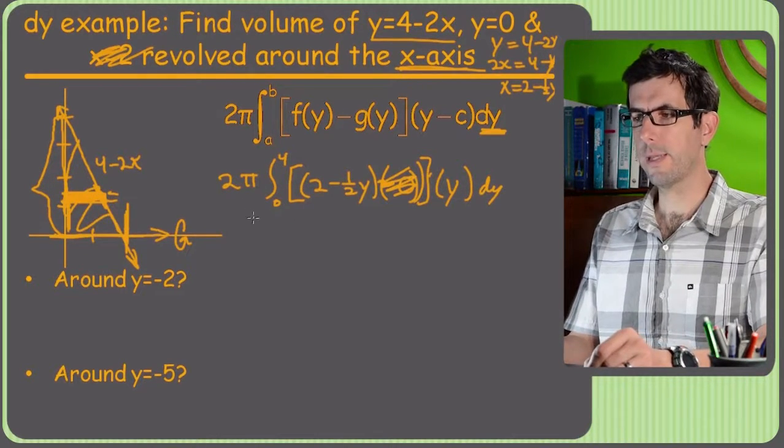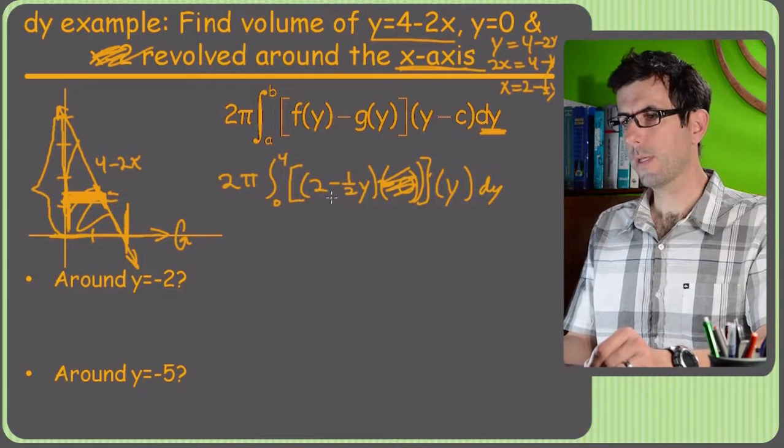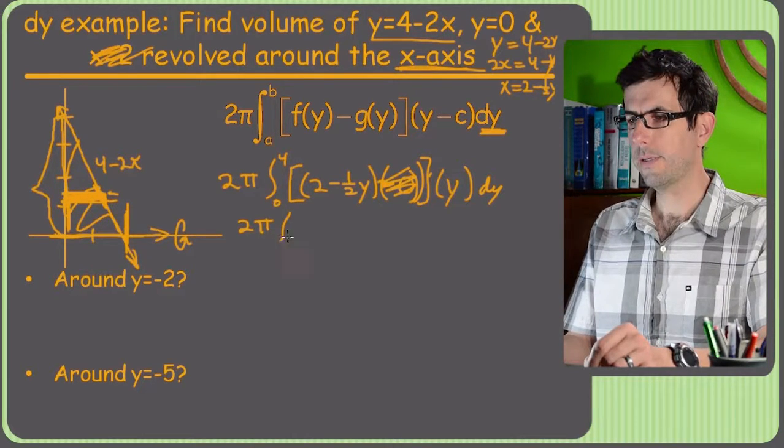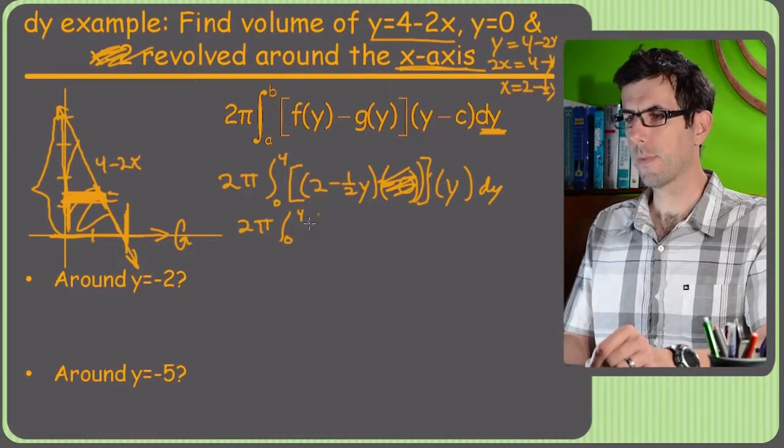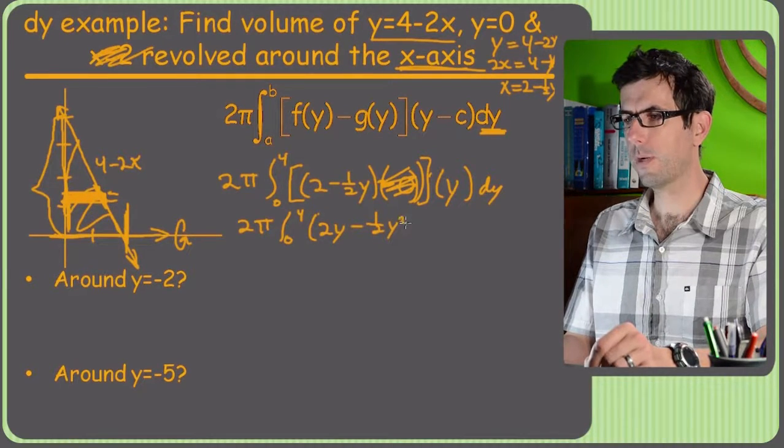All right, so we can integrate this. 2 pi, 0 to 4, of 2y minus 1/2 y squared dy.